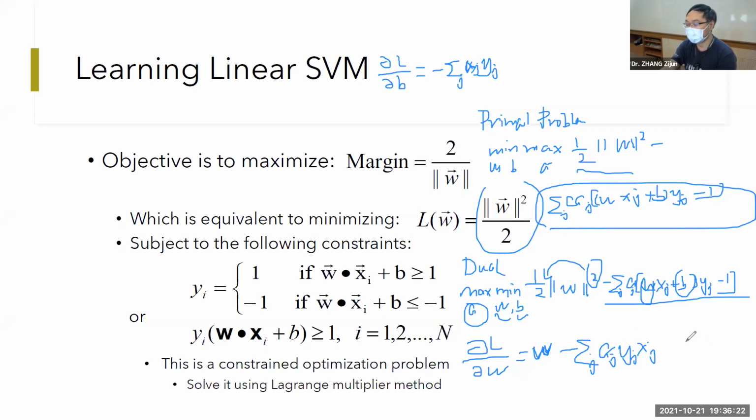By setting this one to 0, W has a term as this. The other is just this term equal to 0, but it's not involving any B.